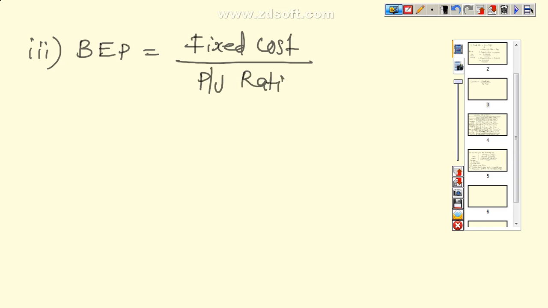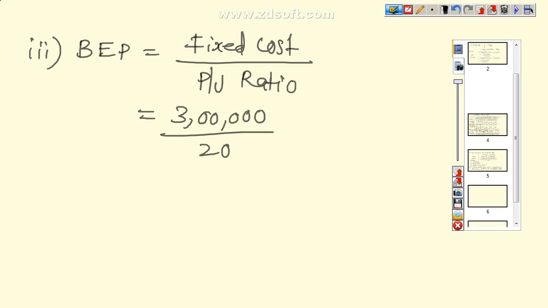We have already calculated fixed cost is equal to 3 lakh, and PV ratio is equal to 20%. So our break even point sales is equal to 15 lakh.